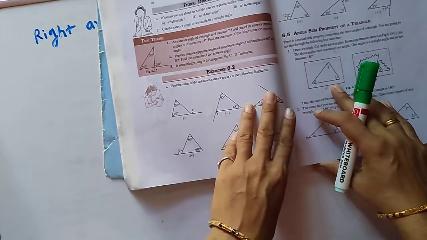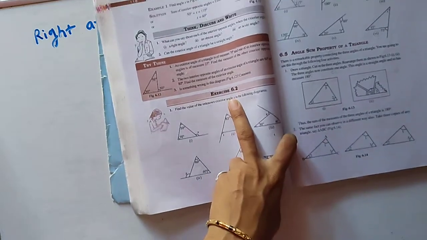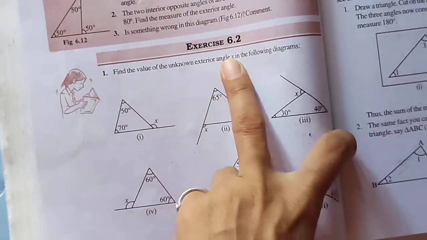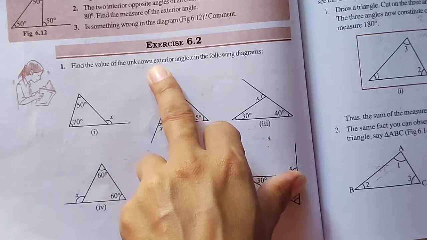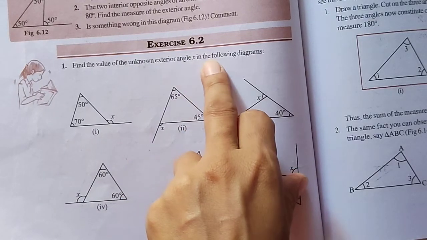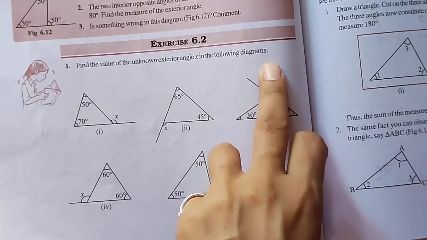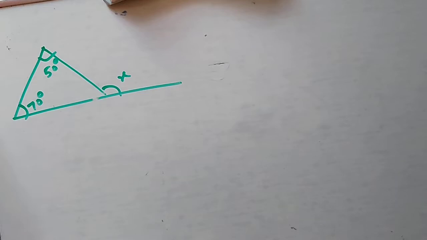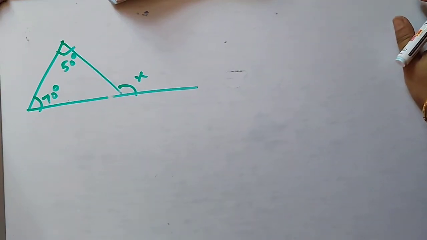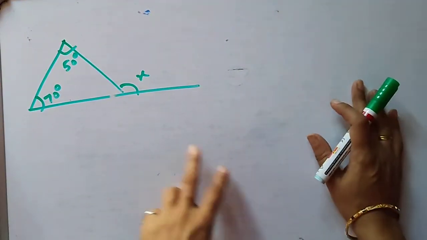Now we solve this question. Exercise 6.2. Find the value of the unknown exterior angle x given in the following diagram. See here, now we draw the figure. This figure is given in your textbook, exercise 6.2 question number 1.